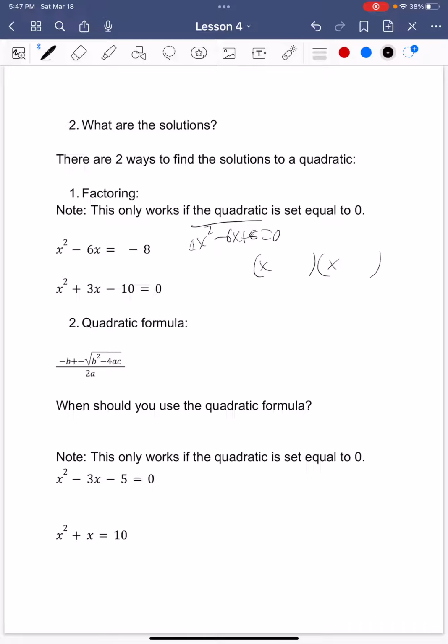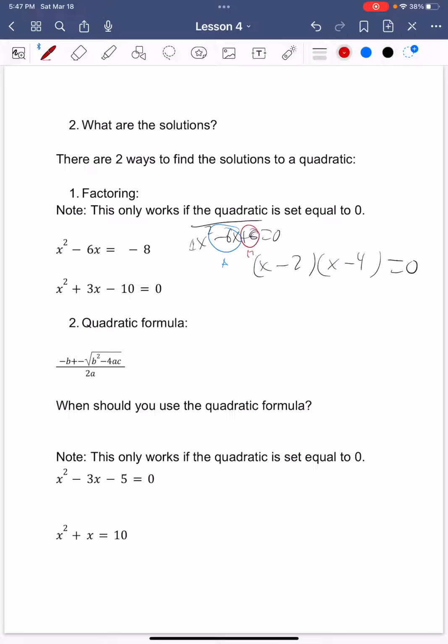Now we want to find two numbers that multiply to positive 8 and add to negative 6. So it has to add to the middle term and multiply to the last term. So those two numbers are negative 2 and negative 4 equals 0.